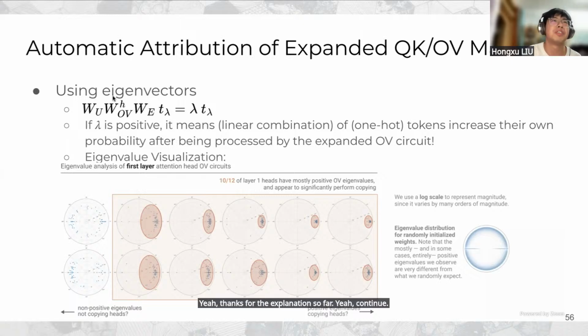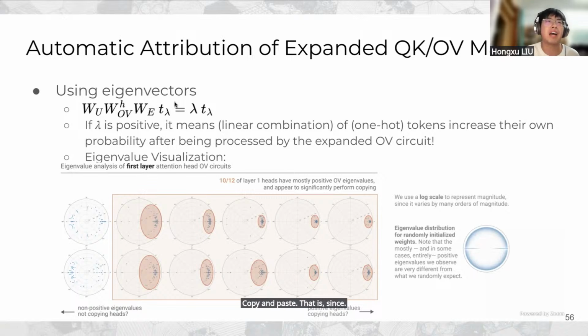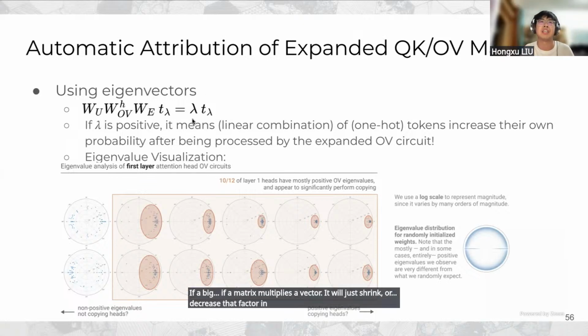Actually, we can use eigenvectors, especially for the token copying case. The eigenvectors model that if a matrix multiplies a vector, it will just shrink or scale that vector to some extent, as modeled by the eigenvalues.